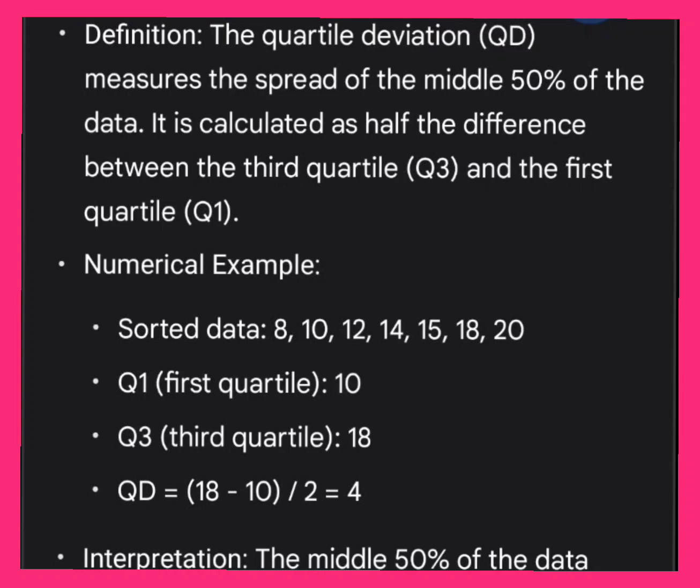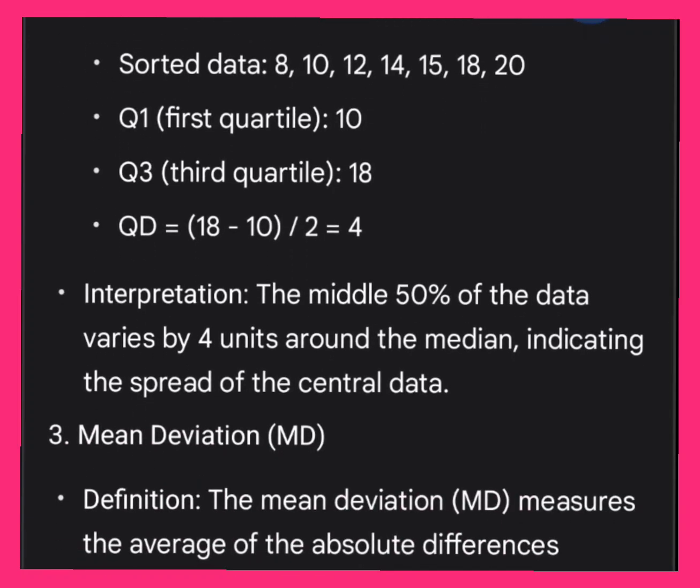Q1, first quartile, is 10. Q3, third quartile, is 18. QD equals (18 minus 10) divided by 2 equals 4. Interpretation: the middle 50% of the data varies by 4 units around the median, indicating the spread of the central data.